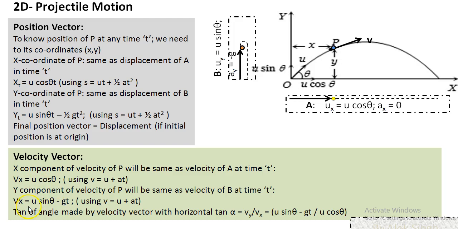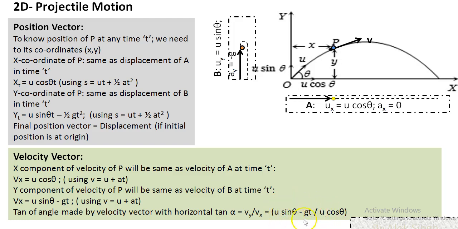So this is the x component, this is the y component. What is the angle the velocity will make at any time t? Since the y component is changing, the angle also will keep on changing. For any vector, the tangent of the angle made by the vector with the horizontal is equal to the y component divided by the x component. So tan alpha will be equal to Vy by Vx, which is u sin theta minus gt divided by u cos theta.